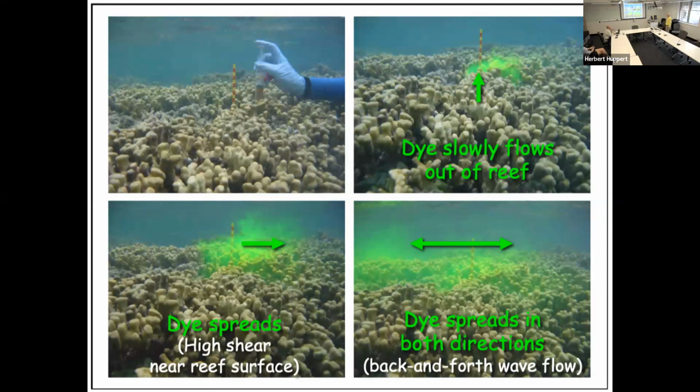Now, this is some more field experiments of what Mimi did. You see one of her students dived underneath and put some dye into the coral layer, and slowly not only does the dye come up because of the vertical component of the Stokes drift because of the coral layer, but it also spreads horizontally. That's the horizontal component.